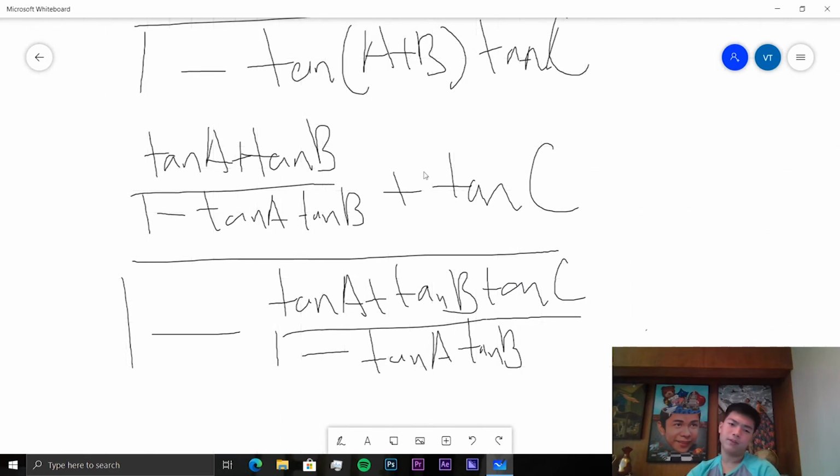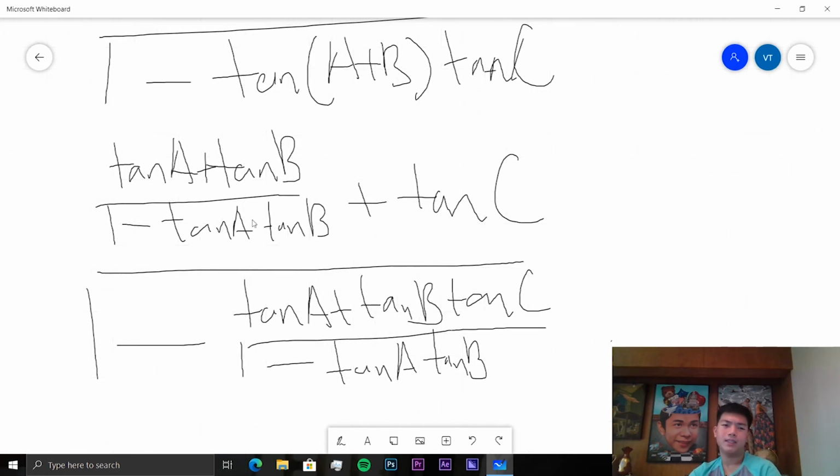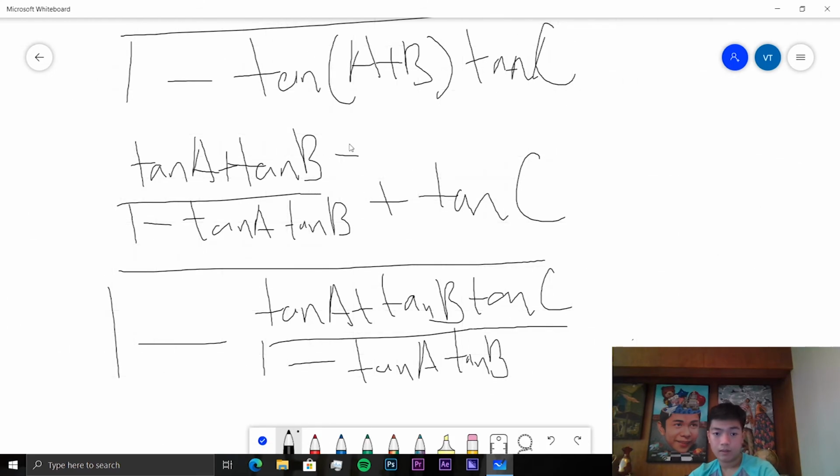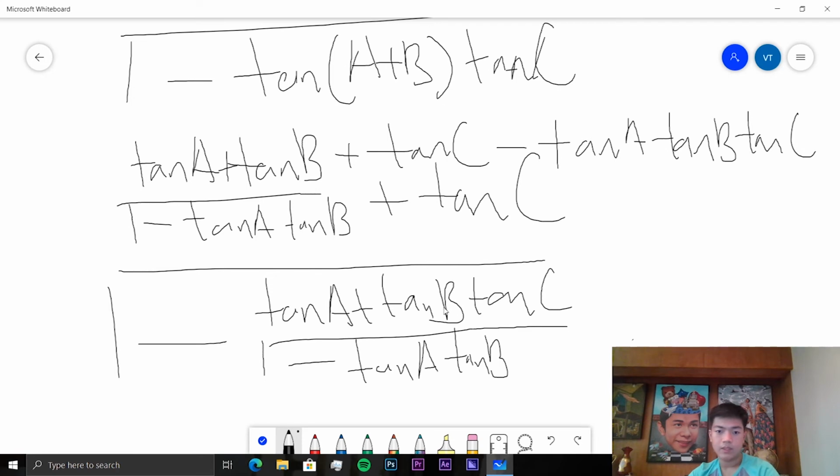Is there any further way we can manipulate this? So this would be tan a plus tan b plus tan c minus tan a, tan b, tan c. Okay.